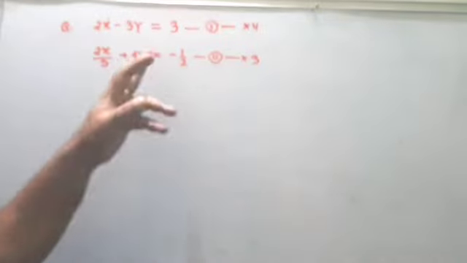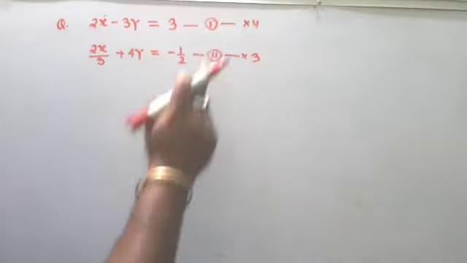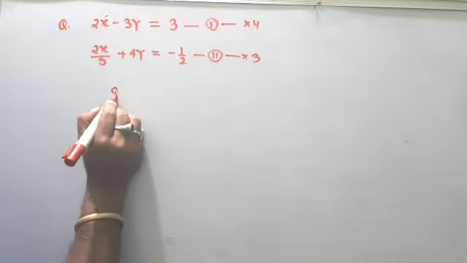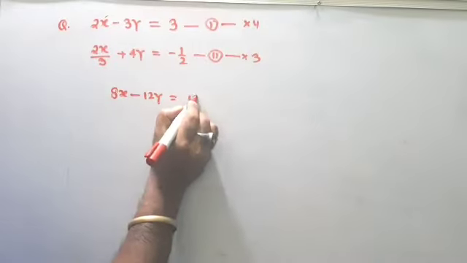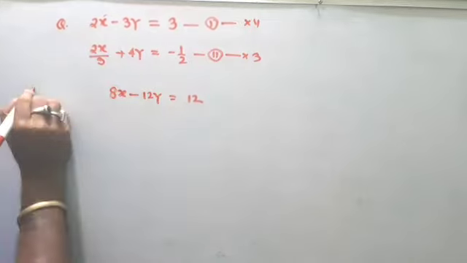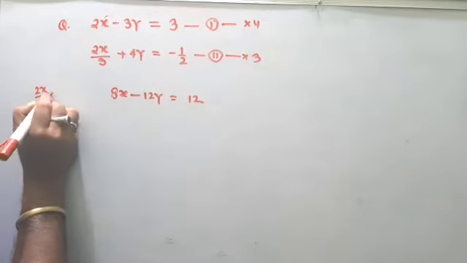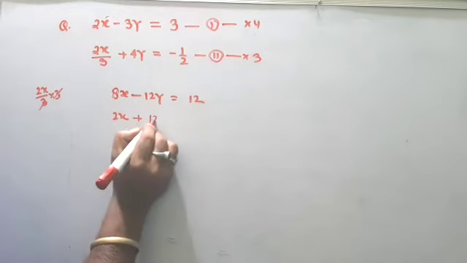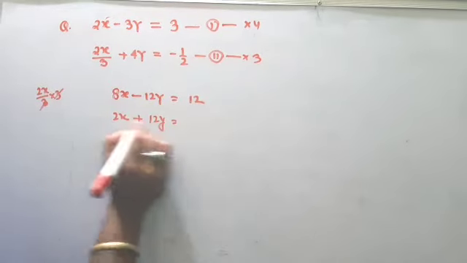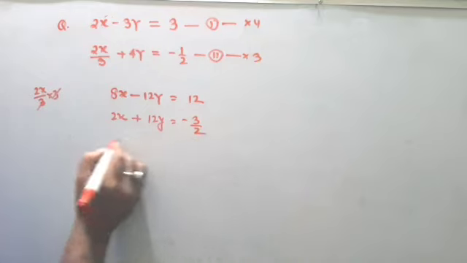So 4 into 3 is 12, and 3 into 4 is 12. So 4 into 2x is 8x minus 12y is equal to 12, and here 2x by 3 into 3, the 3 cancels, only 2x remains, plus 12y is equal to minus 3 by 2.